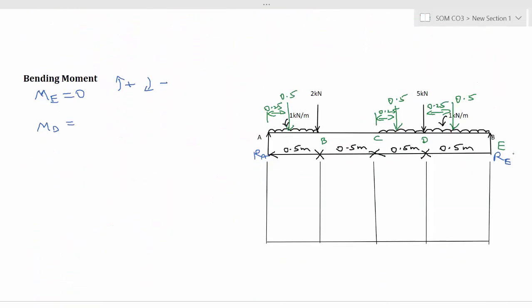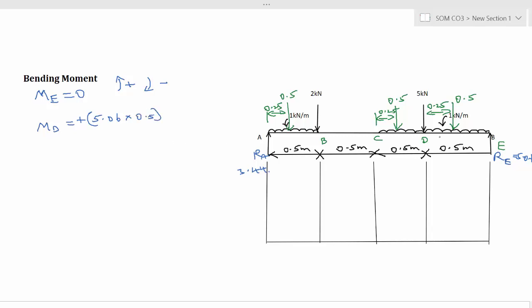So here it is 5.06 and RA is 3.44. So here it is plus 5.06 into the distance, which is 0.5.